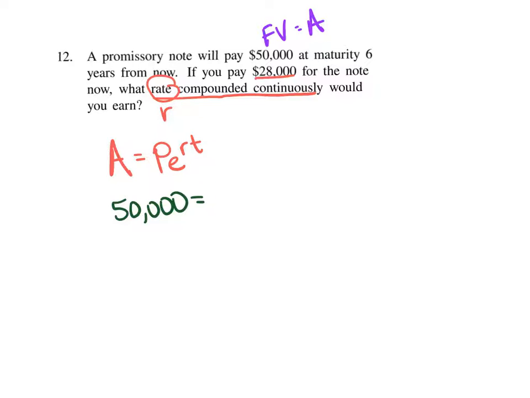That's equal to the P, which is 28,000, e. We're looking for R. We don't know R, so we'll look for that. And we know our T is 6 years, so that's 6R.